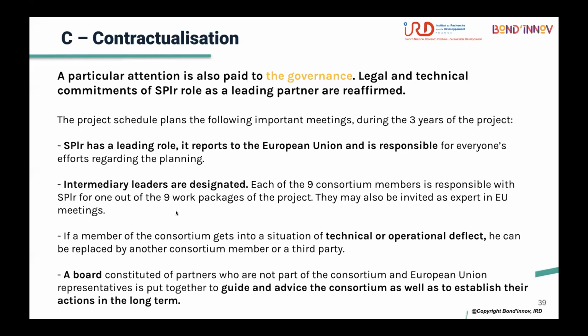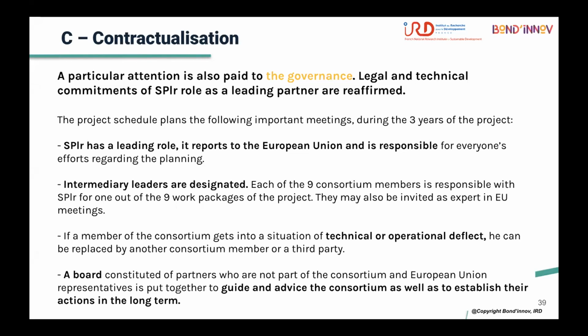We can also have intermediary leaders. For example, if you have 5 partners, you can designate a lead for each partner, and these are intermediary leaders, because for SPIRE to report the activities to the funder, SPIRE needs to have access to the reports of each partner, of each consortium member.